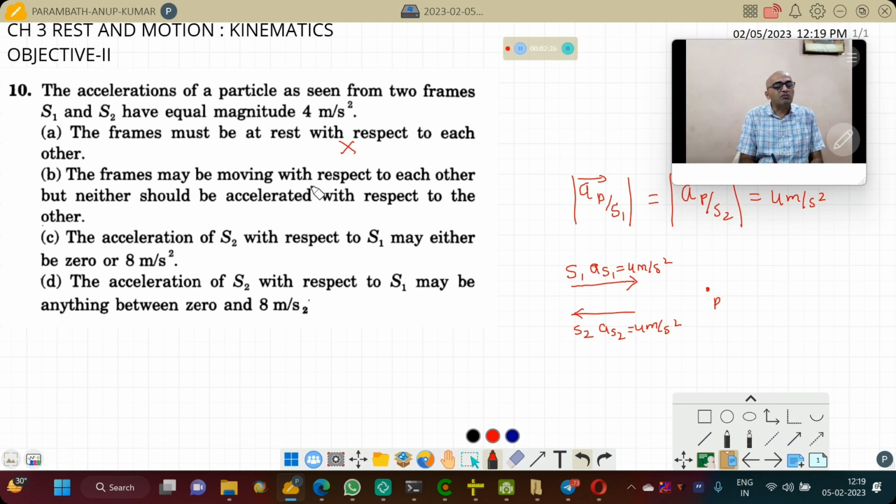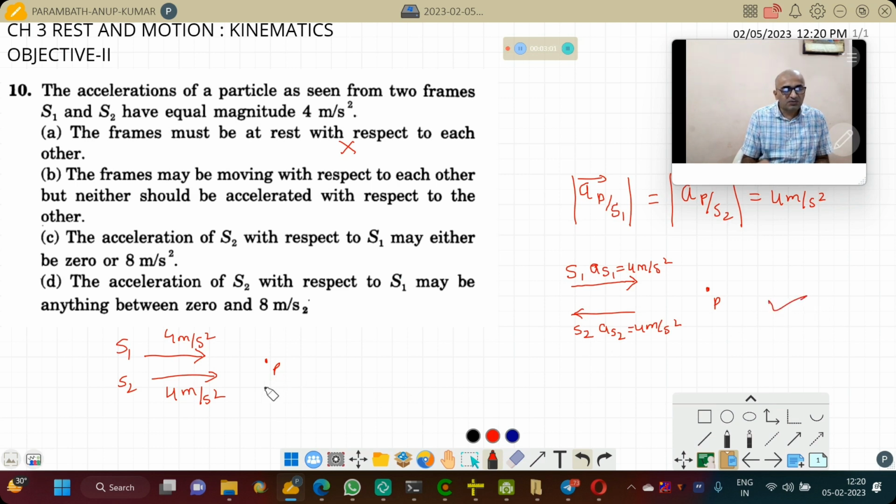Option B: the frames may be moving with respect to each other, but neither should be accelerated with respect to the other. We have to see that now. I am saying that we can have a situation like this, S1, S2, 4 meter per second square, and this also 4 meter per second square, and this is particle P. This is also possible.